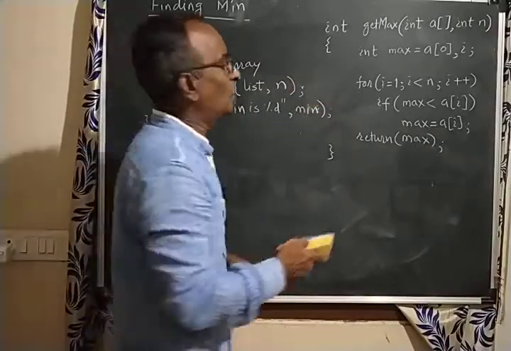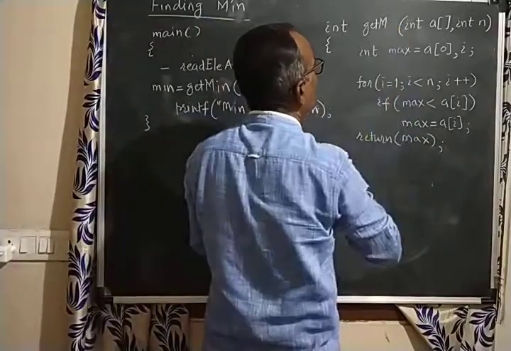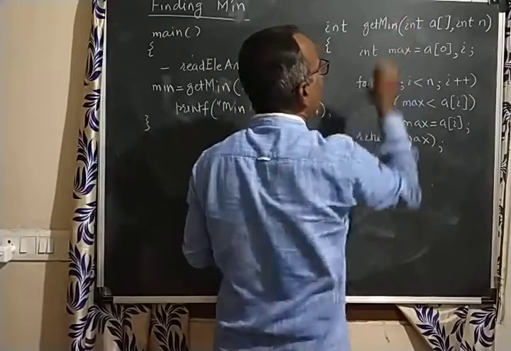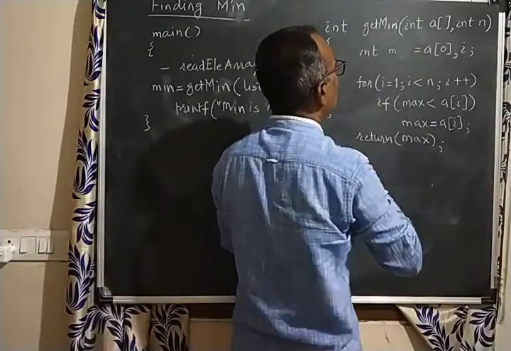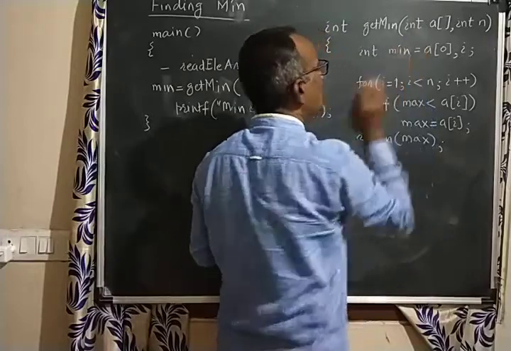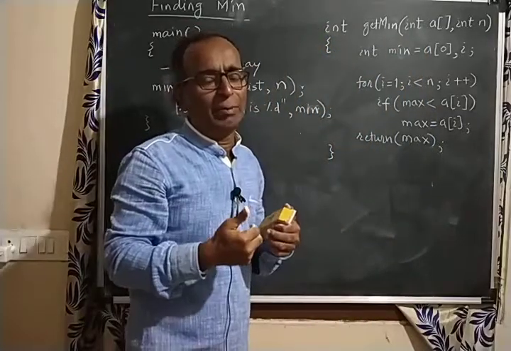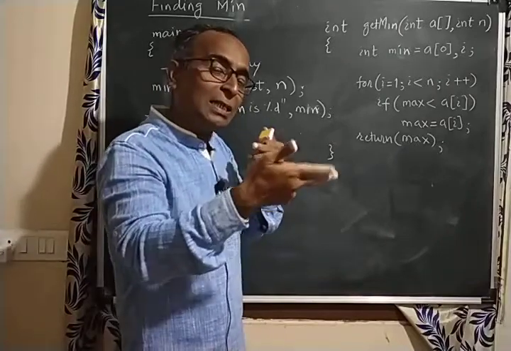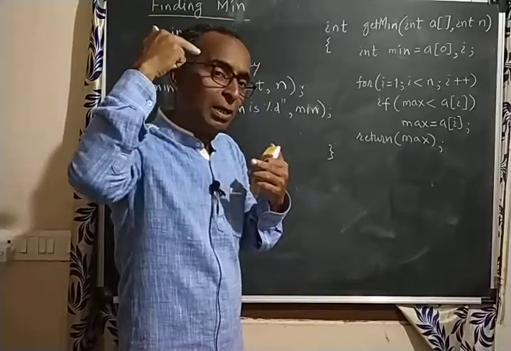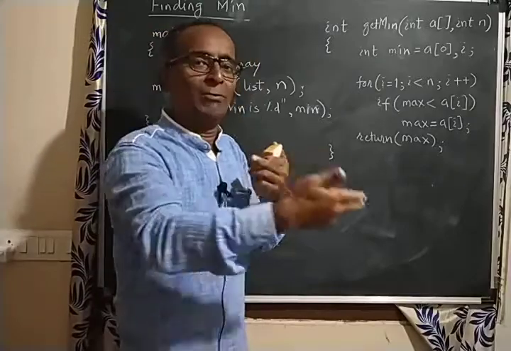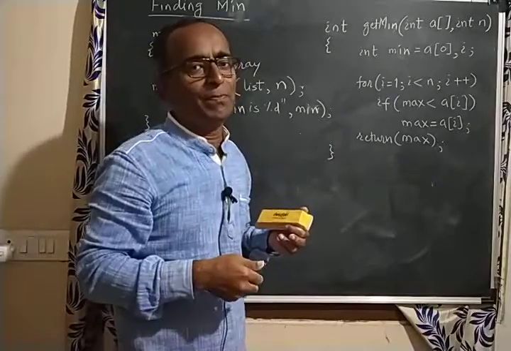I'll change this program. What exactly are we doing here? In getMin, I am assuming the minimum as the first element. When I read the next element, if it is less than whatever I stored in my minimum, then I have to change my minimum.